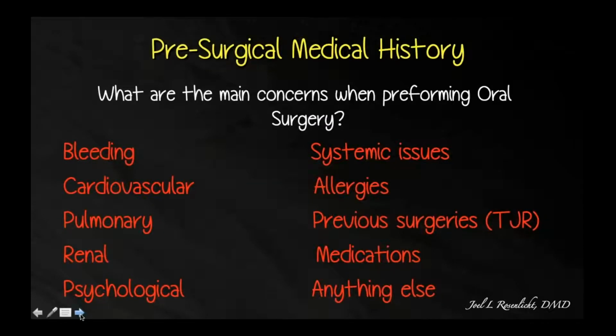From a surgical point of view, what's important that we want to know about when we're asking our patients within their pre-surgical medical history that might affect our surgical outcome? Well, obviously, when we're doing surgery, we kind of always think about bleeding. We're using medications that can, without question, affect the cardiovascular stature of the patients.